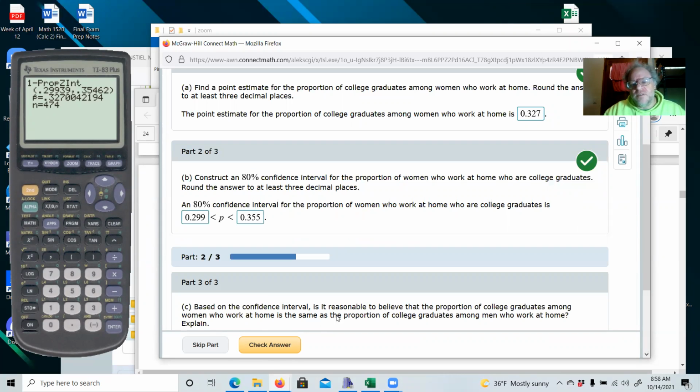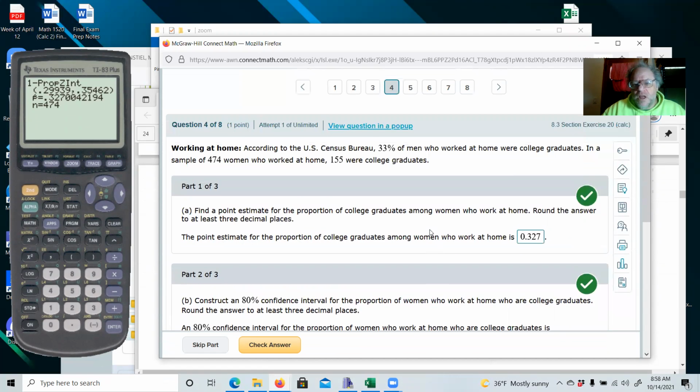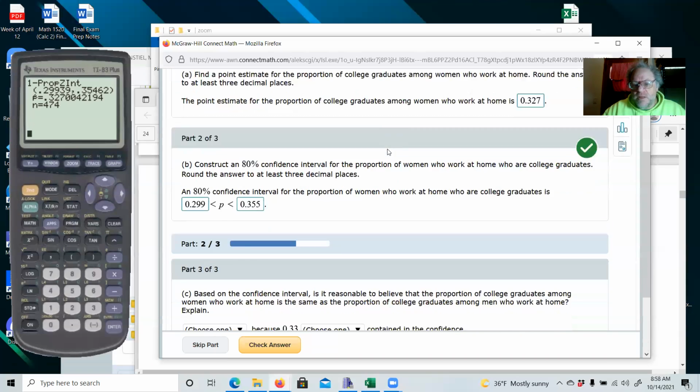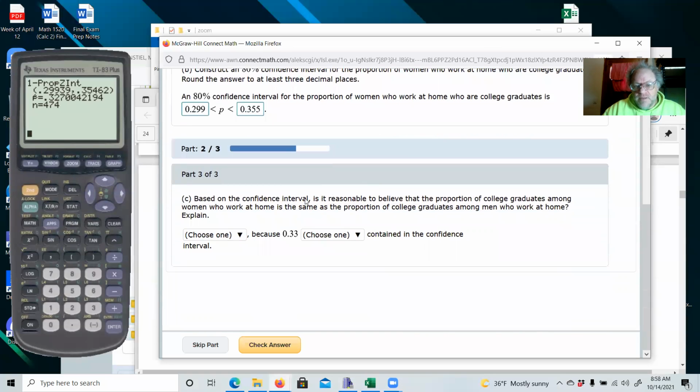Based on this confidence interval, is it reasonable to believe that the proportion of college graduates among women who work at home is the same as the proportion among men? So what is the proportion of men? It's 33%. What is the proportion of women? The interval goes up to 35.5%, that's the upper bound. So does this 33 fit into my confidence interval?